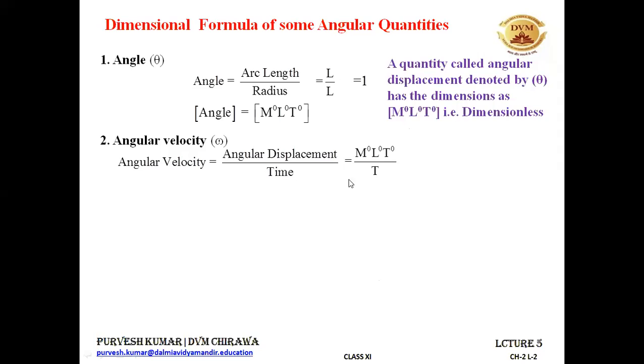And for time, the dimension is capital T. When you solve it, this t goes to the numerator and its power becomes minus. You can write it as m0, l0, t minus 1. So the dimensions for angular velocity are m0, l0, t minus 1.